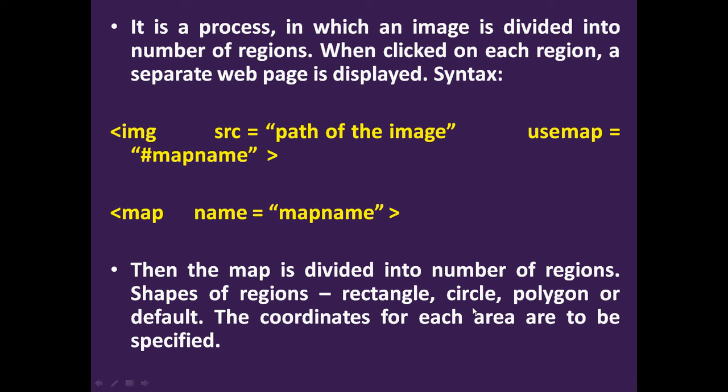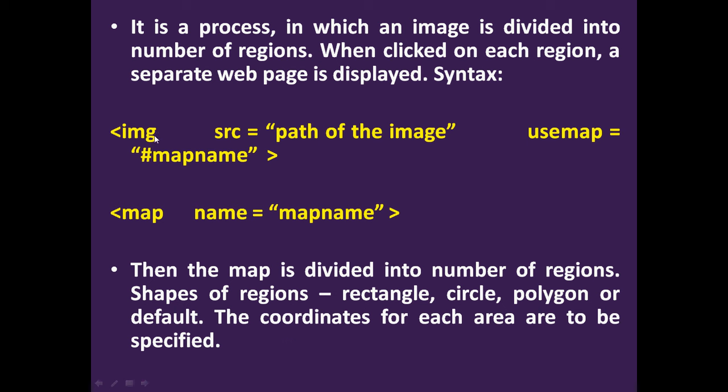So in case of regular shapes, we go for either rectangle or circle, whereas in case of irregular shapes, we go for polygon. And coordinates for each shape are to be specified. How to specify the coordinates?